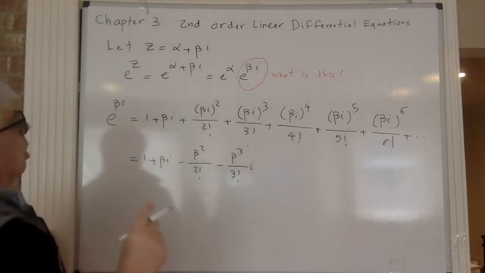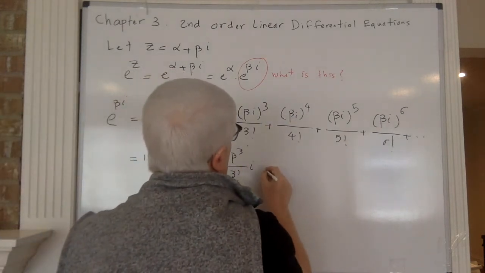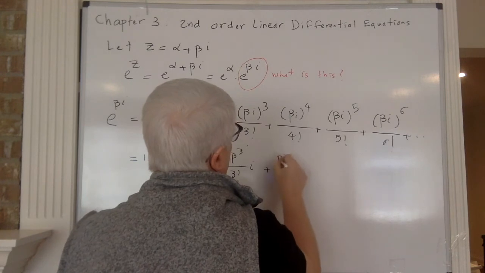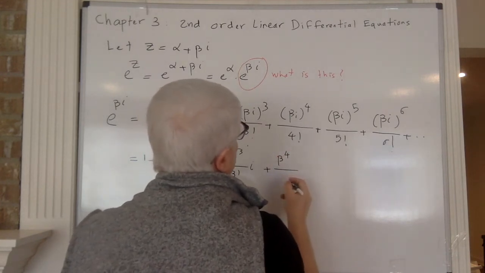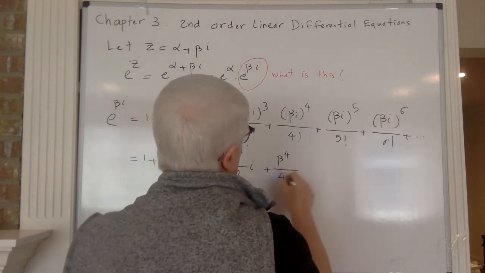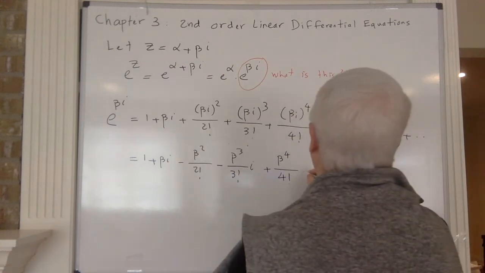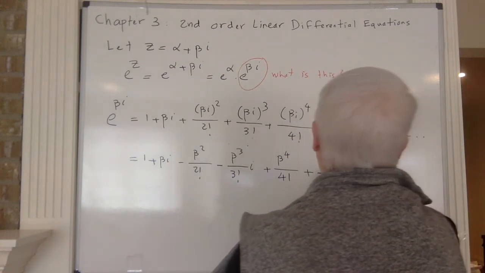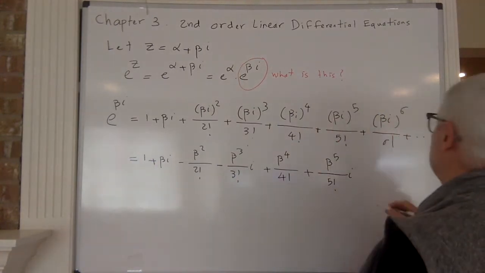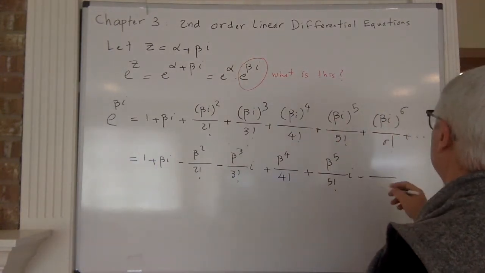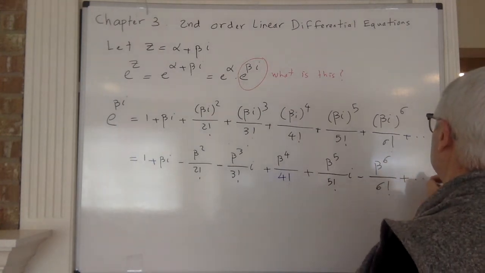Then the 4th will be plus beta to the 4 over 4 factorial, since i to the 4 was 1. Then the 5th was like i to the 1, plus beta to the 5 over 5 factorial times i, minus beta to the 6 over 6 factorial, plus and so on.